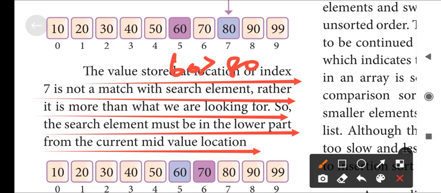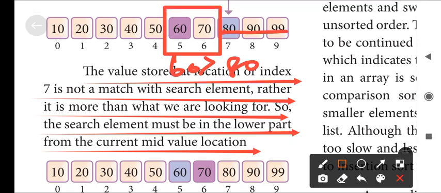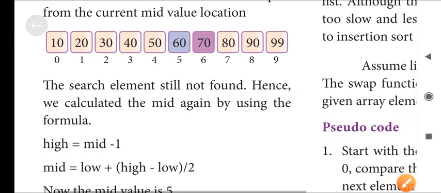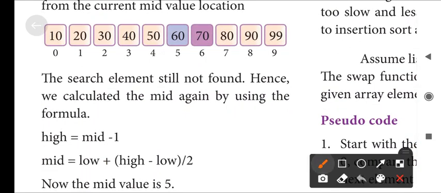Then we can omit this portion, the right side of the list. Now we have new fresh values, that is 60 and 70. We have two values. Again we do the step again. This will be eliminated and this will be eliminated.